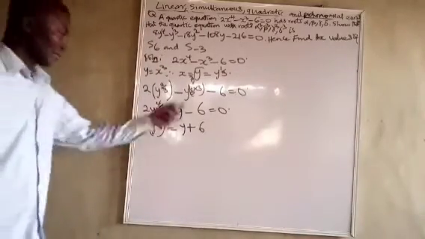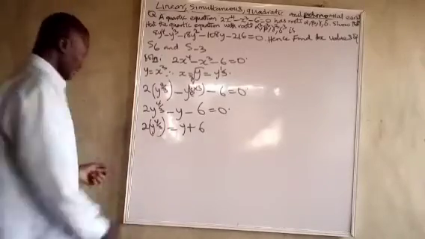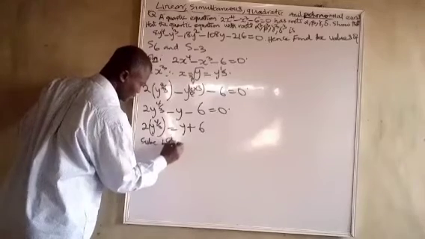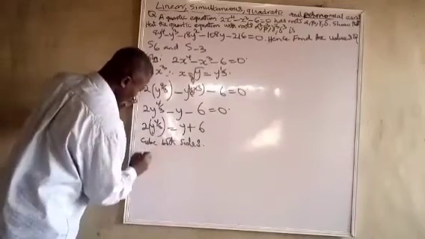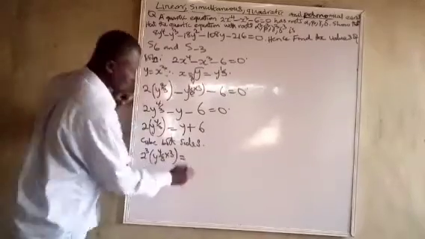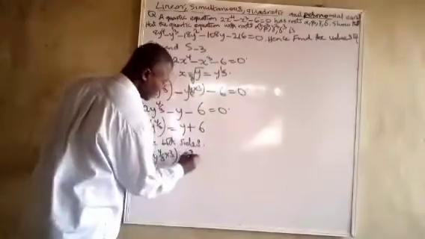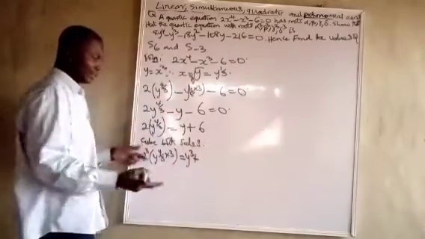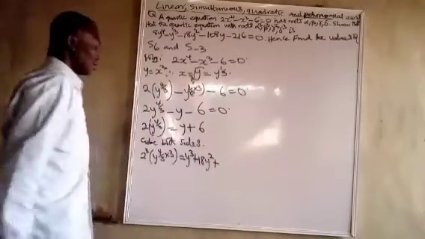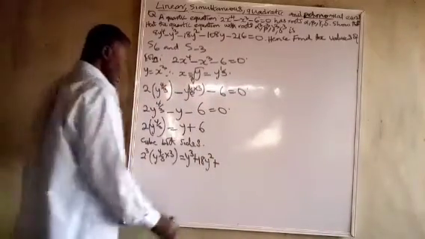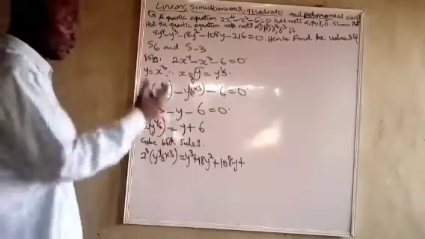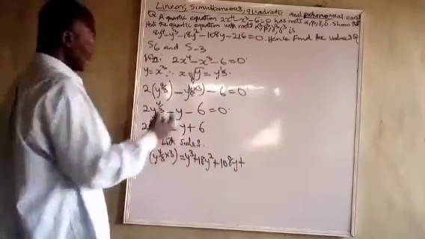Now, to continue this, I have to cube both sides. That will be 2 cubed into y raised to the power 4 is equal to, if I expand this one, y cubed plus 3 times 6, 18y squared, plus 3 times 36, that is 108y, plus 6 raised to the power 3, and that is 36 times 6, that's 216.